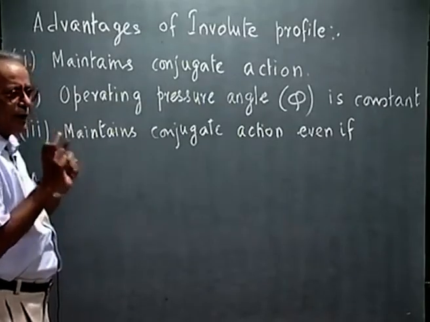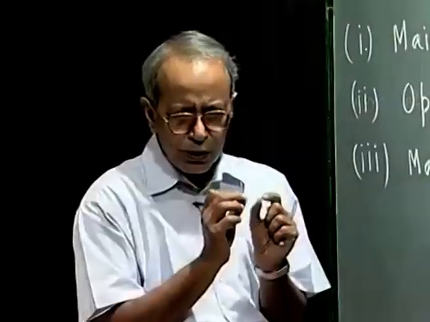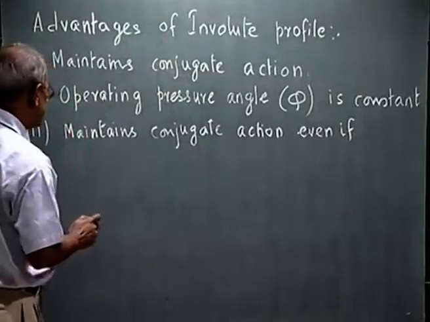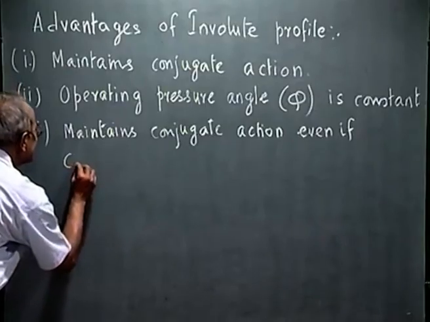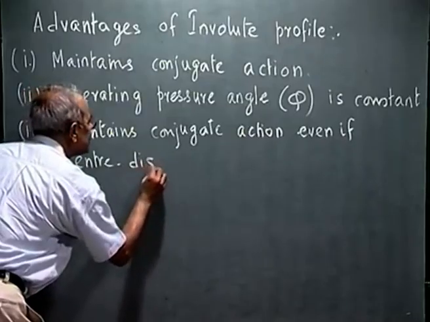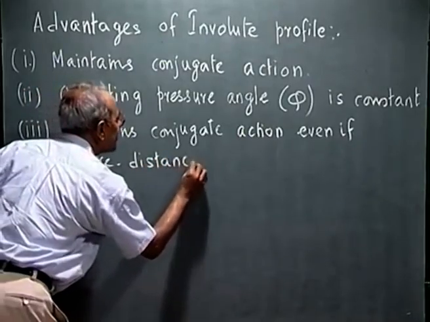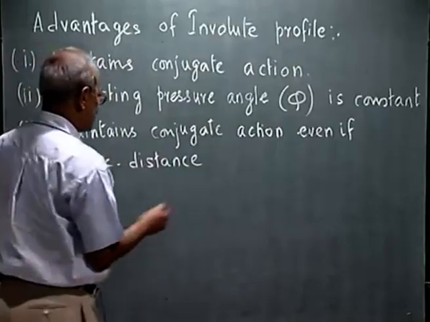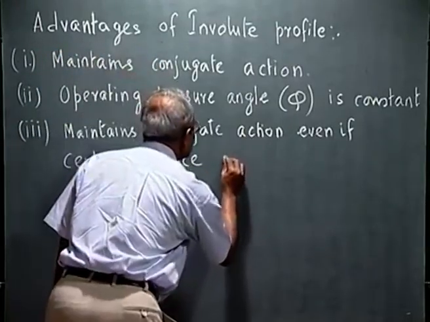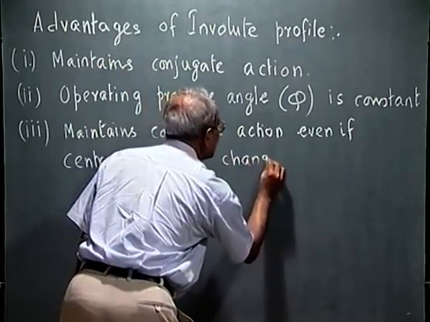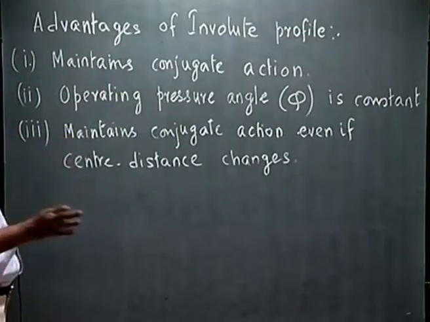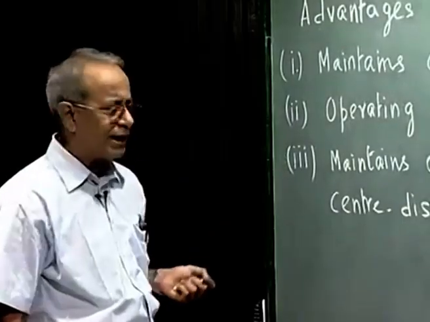That means, we have a pair of gears, we can mount them with a little different center distance, even then this conjugate action will be maintained, even if the center distance between the pair of gears changes. These 2 points, as I said, I will explain with reference to the figure that we discussed last time.